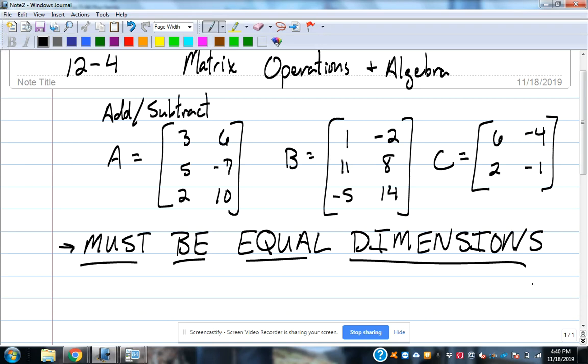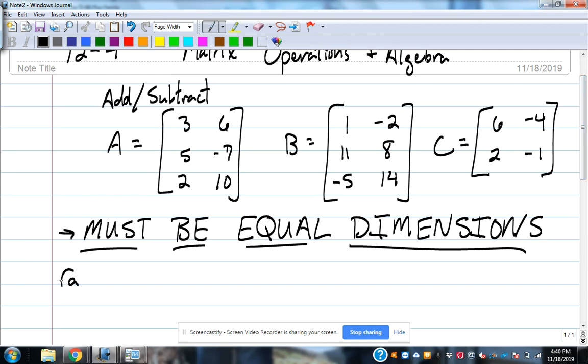That is the rule. The reason being is if I'm going to do the problem A plus B, I'm going to add the corresponding parts together because they're the same size. A is a 3 by 2, B is a 3 by 2. So they have the exact same number of rows and columns, and so they have matching elements. To do it by hand, I just go 3 plus 1, 4, right?